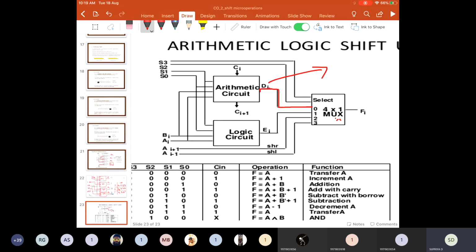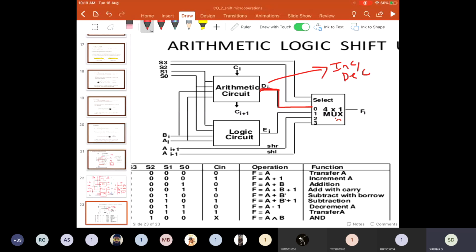That means the 8 operations we have seen can be performed using the arithmetic circuit: increment, decrement, addition with carry, addition without carry, subtraction with borrow, subtraction without borrow, and the transfer operation, where whatever content you have in A is transferred using this output D.